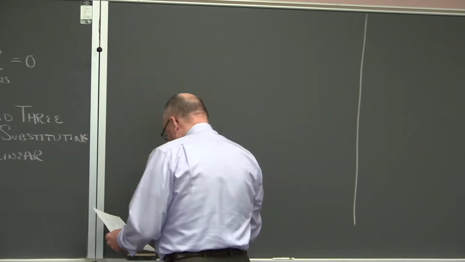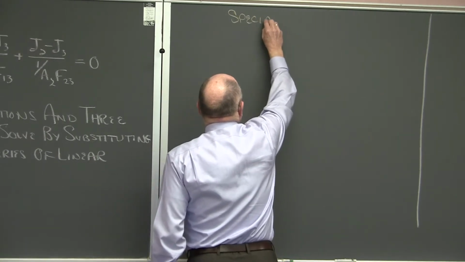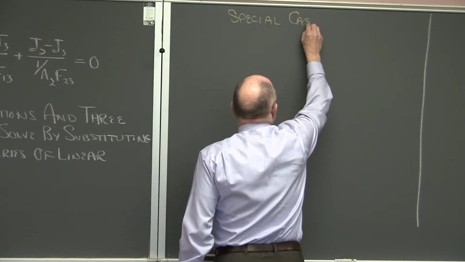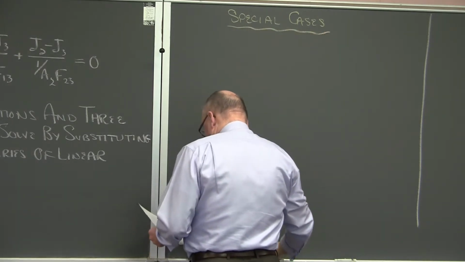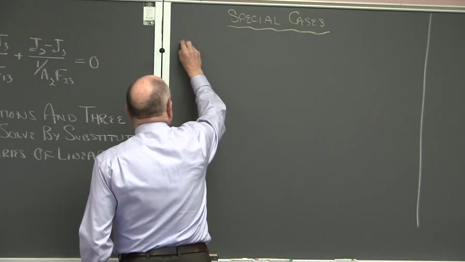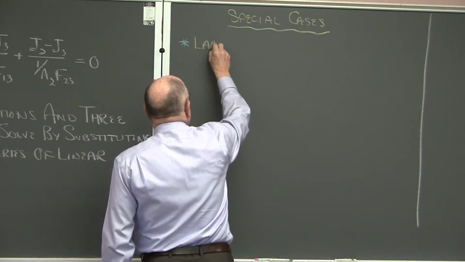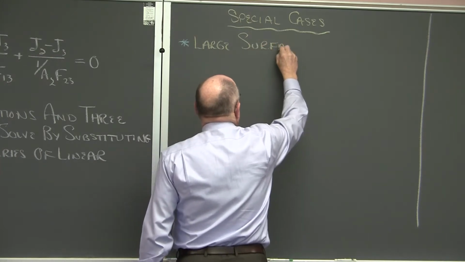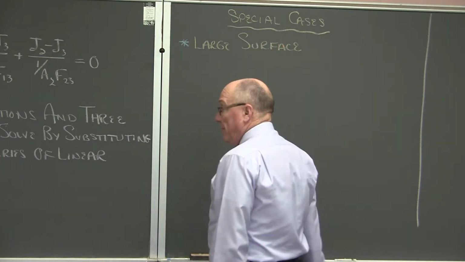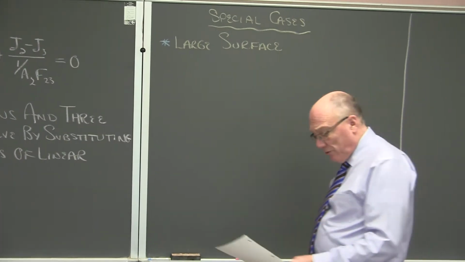The first special case is a very large surface. An example of a very large surface is the sky. It's a great example of a large surface.